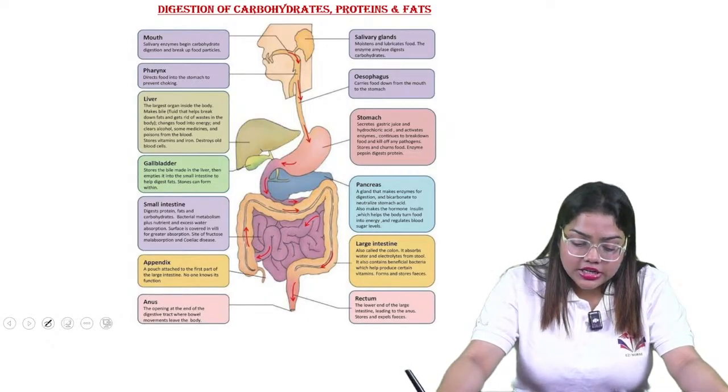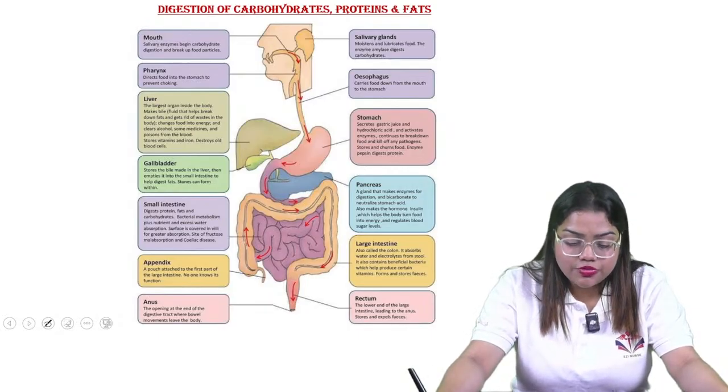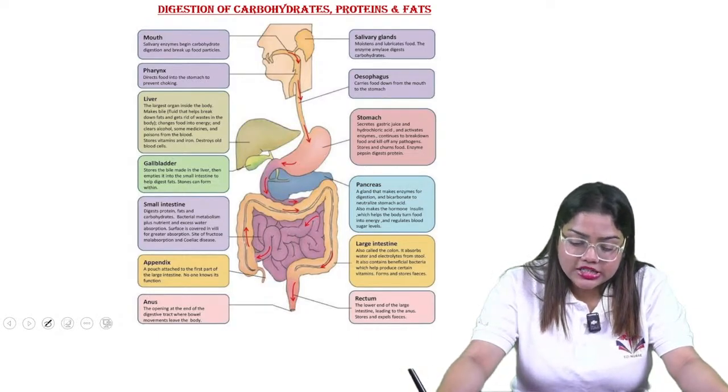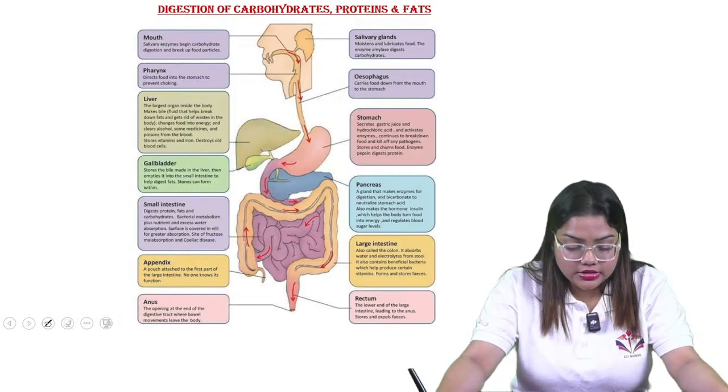The mouth contains salivary glands which produce salivary enzymes, which begin the carbohydrate digestion and break down the food particles.